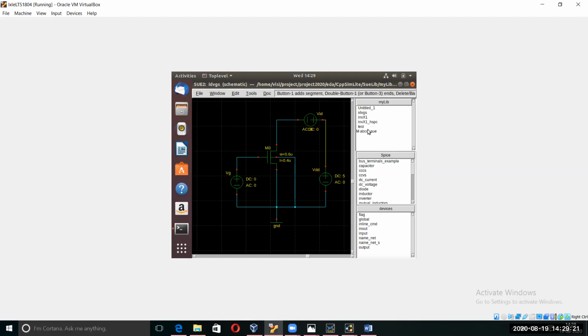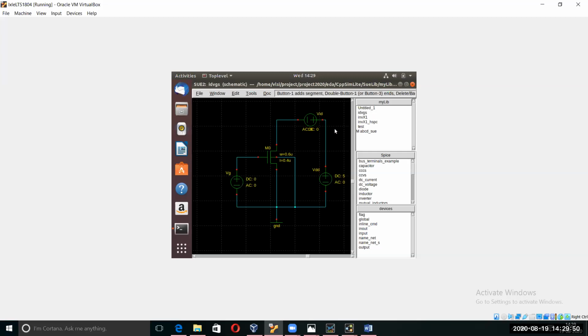After doing this, you have to save it. Go to File and do a save. See, you can see my ABCD 22 has an M before it, which means it is not saved. My current schematic is the ID VGS one, which doesn't have an M in front of it, which means it is already saved.